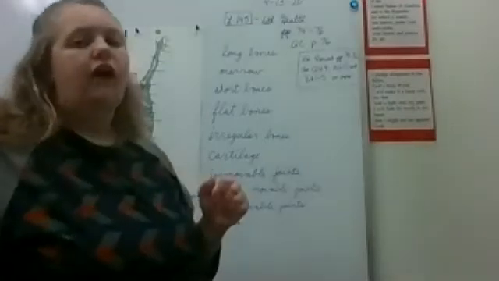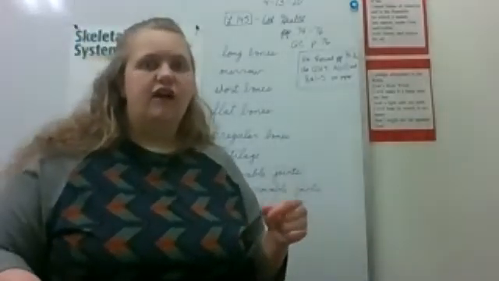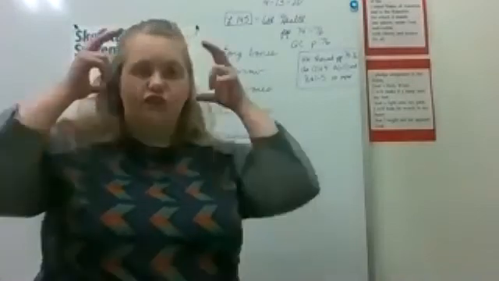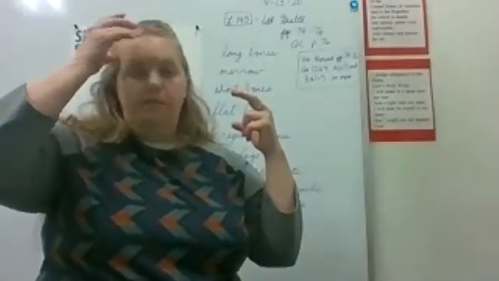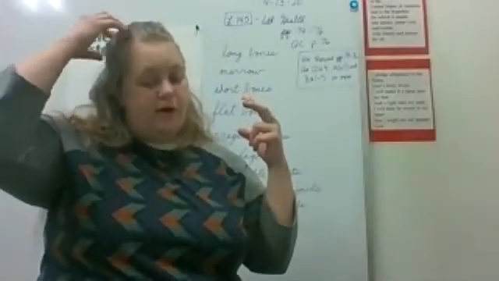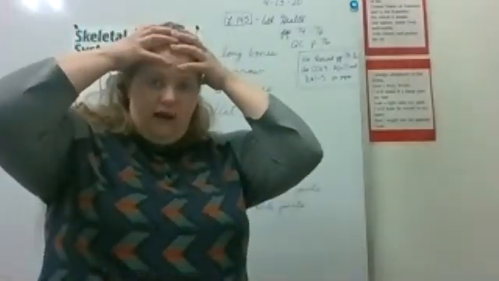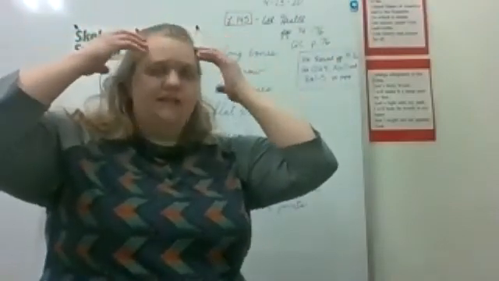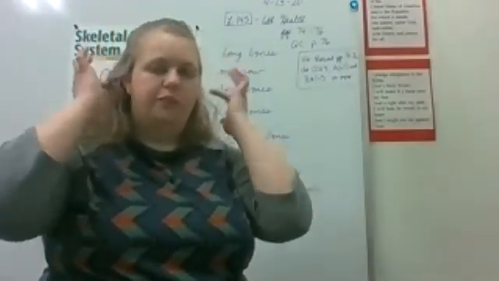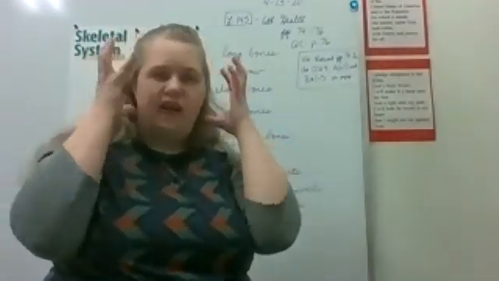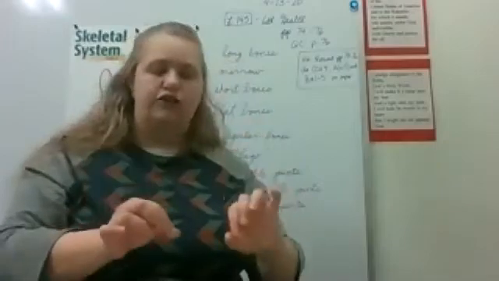Okay, so first of all, immovable joints. Did you realize that there are joints in your head? There are joints in your skull. They go between the flat bones that make up your skull. It's not an actual solid bone. There's actually individual pieces of bone, but they do come together with the joints, kind of like a glue in between them.